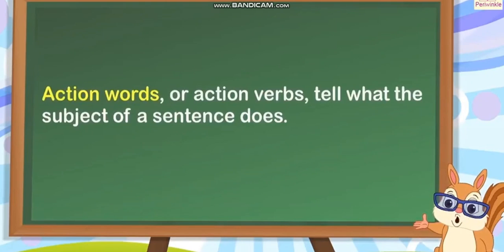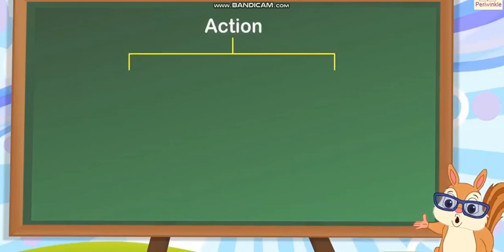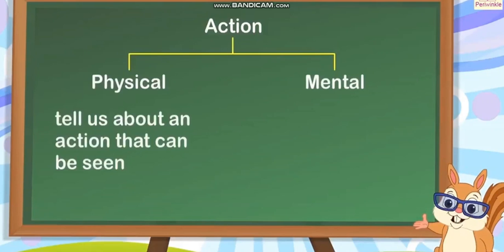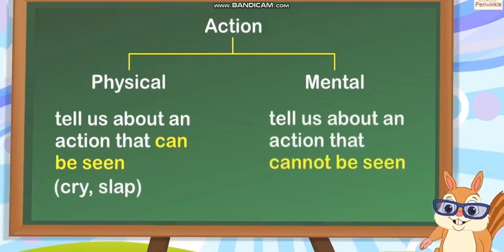Action words or action verbs tell what the subject of a sentence does. The action can be physical or mental, that is, an action verb can tell us about an action that can be seen, for example, cry, slap, or cannot be seen.